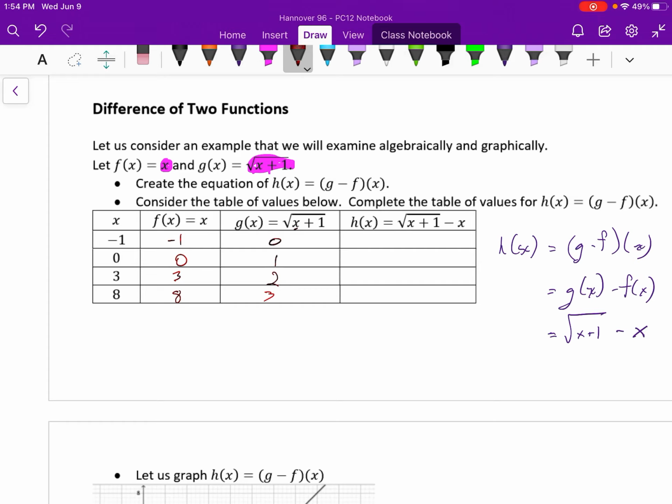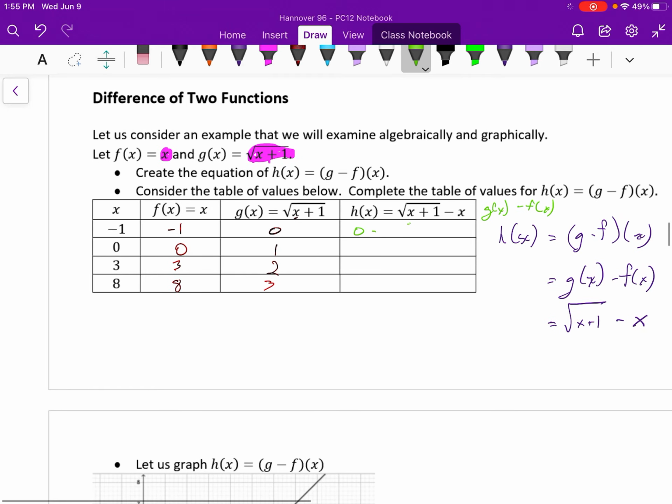of my output? Now, when I'm subtracting, h of x, which is just really the g of x minus my f of x, so h of x here is 0 minus negative 1, and that will lead to a value of 1.